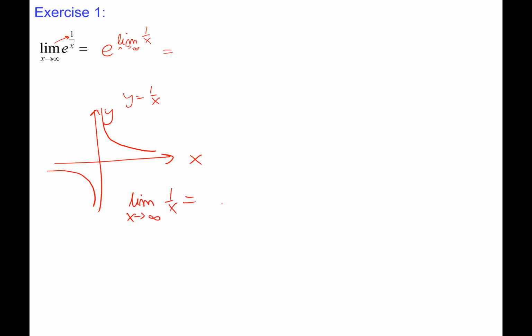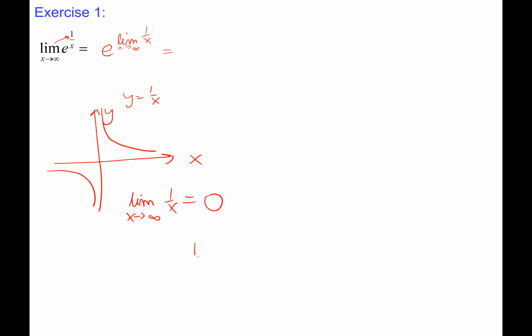as x goes to positive infinity. And as x goes to positive infinity, 1 over x goes to 0, of course. I can draw this function. The function 1 over x is just a hyperbola in the first and the third quadrant, and we can nicely see the limit as x goes to infinity, 1 over x goes to 0.